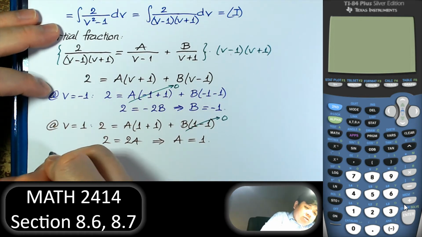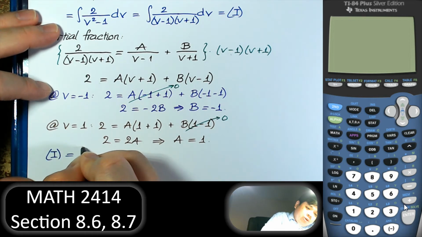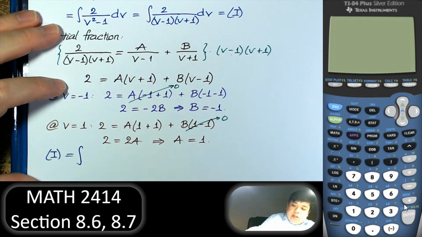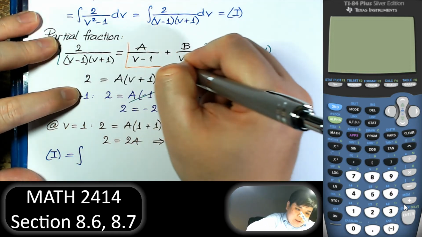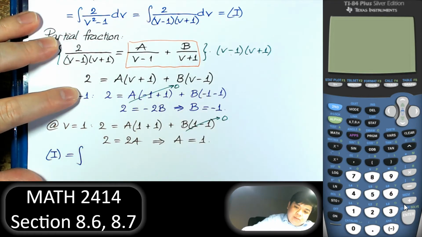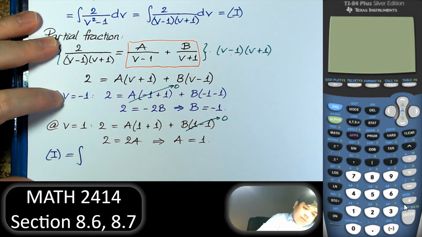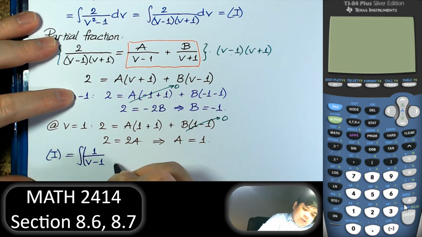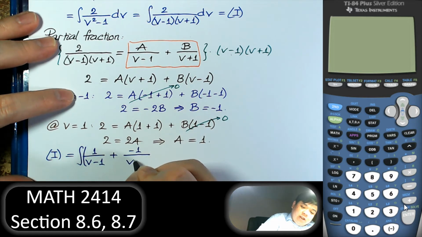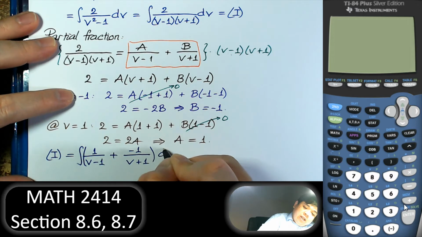Right, bottom line is that integral will be equal to, we're going to write in this form, the integral of (1 over v minus 1 minus, B is negative 1, so let's say negative 1 over v plus 1) dv.